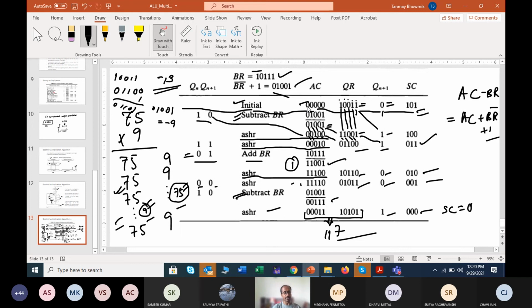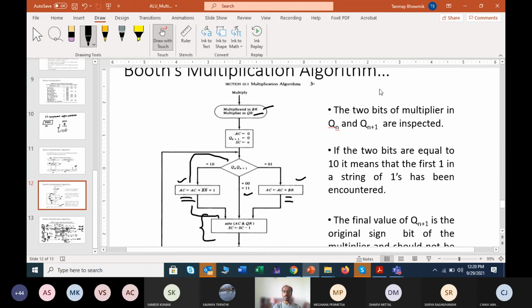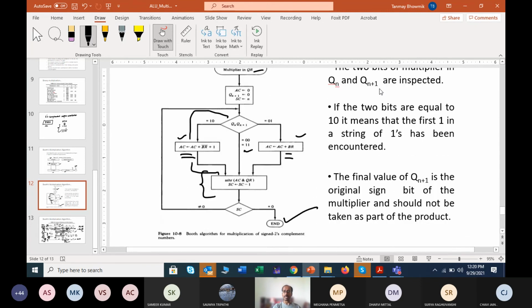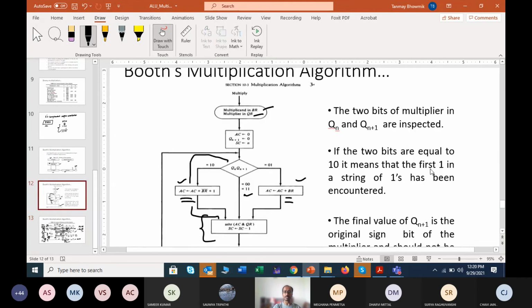So if I think that if any other thing is missed, or if I am missing any other important points, let me read this thing if anything has been missing to let you understand. 2 bits of multiplier is inspected, 2 bits equal, 2 bits not equal, that's perfectly fine.